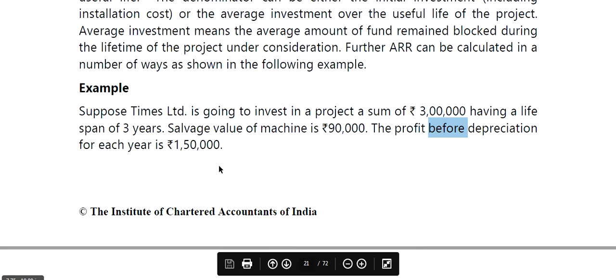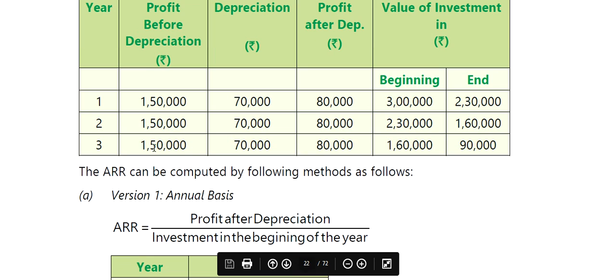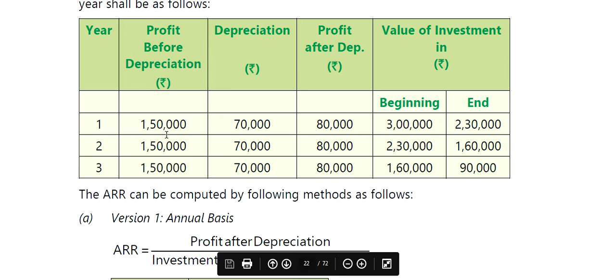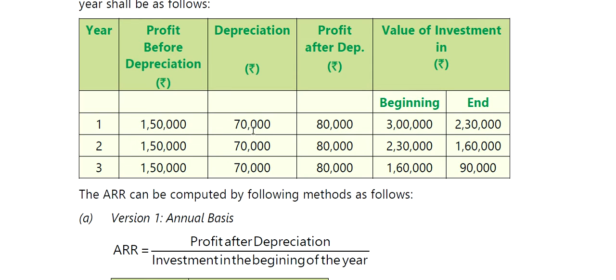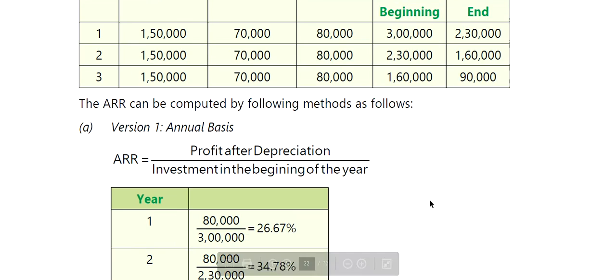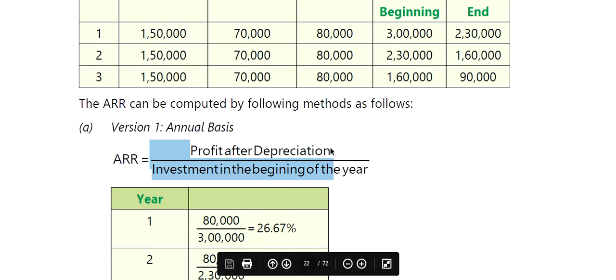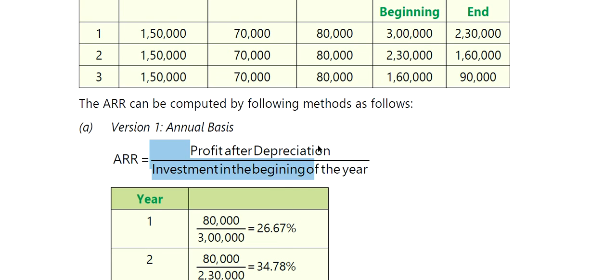So 1,50,000 minus 70,000 gives 80,000 each year. In ARR we have to consider profit after depreciation, divided by investment in the beginning.